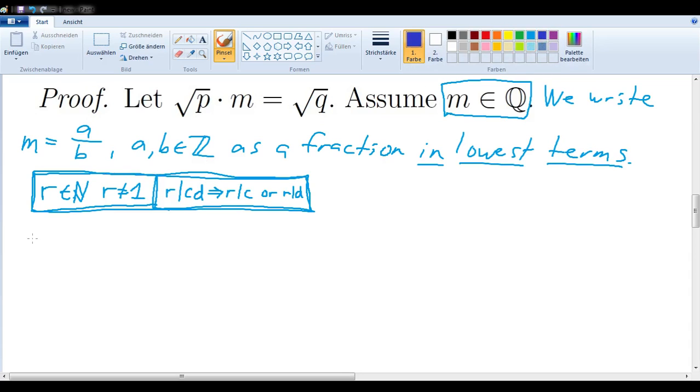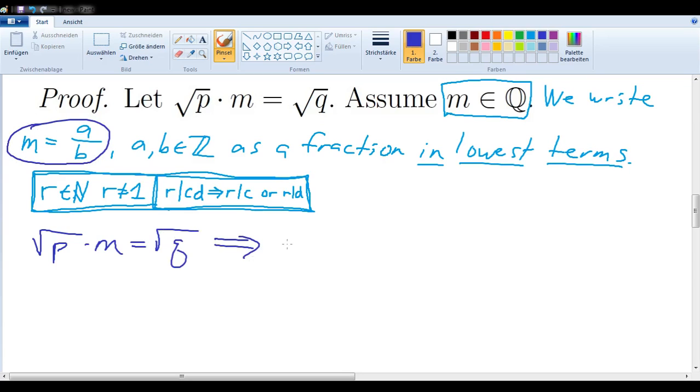So we'll begin by transforming our original equation simply by, at first, subbing in for m. So the square root of p times a over b gives us the square root of q.